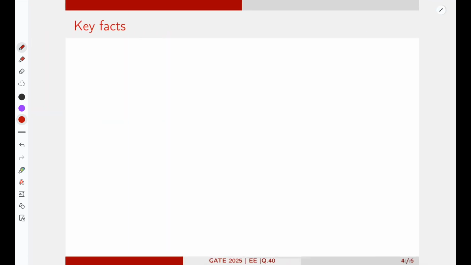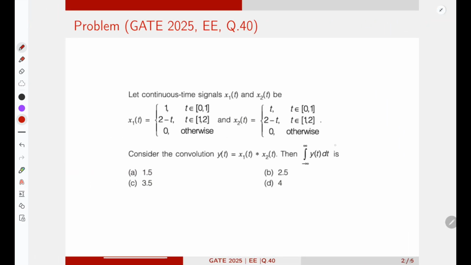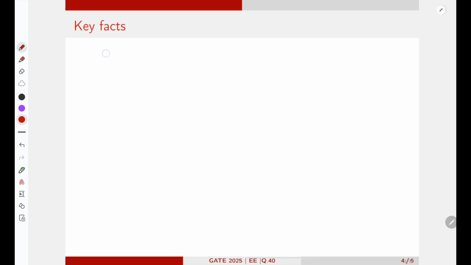So to discuss the key facts of this question. As you see in the question, this integral minus infinity to infinity y of t dt is nothing but the area under the curve y of t.